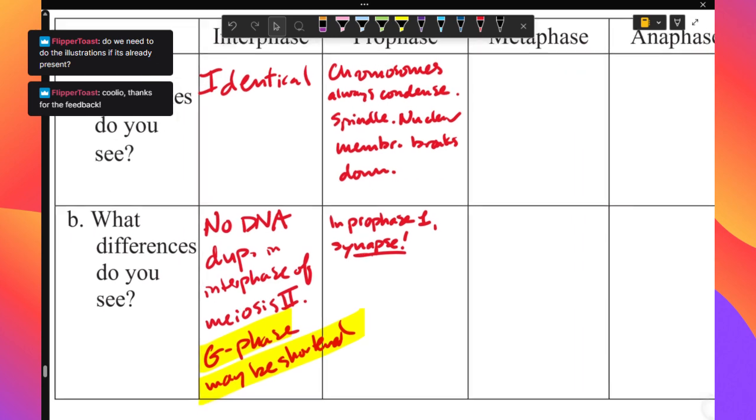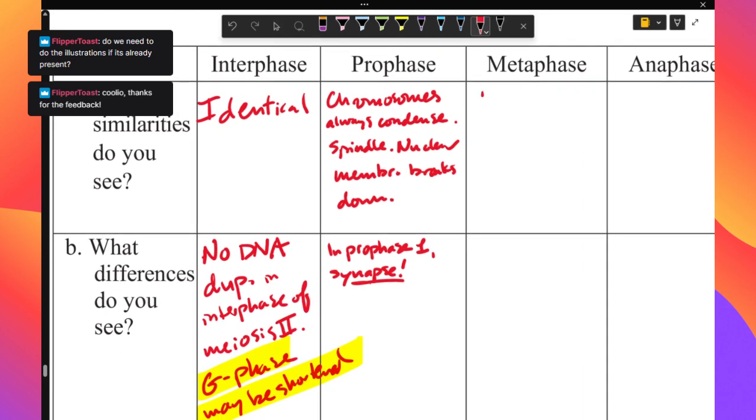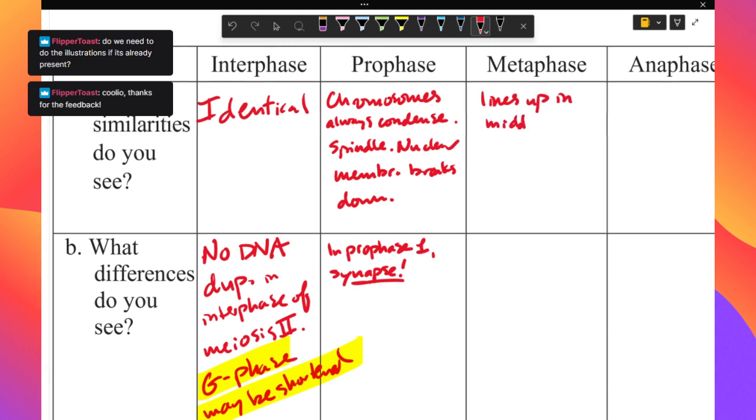Metaphase, similarities. Something always lines up. We're gonna be precise here. We're gonna say something always lines up on the equator with a metaphase plate. Differences in metaphase in mitosis and in metaphase 2.